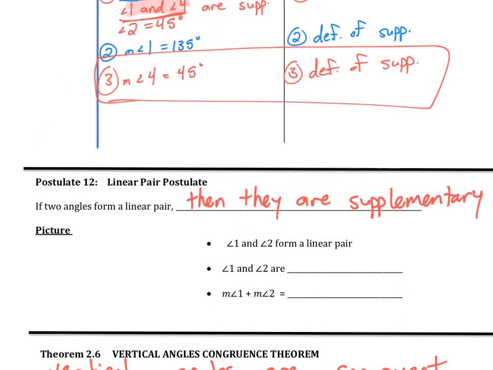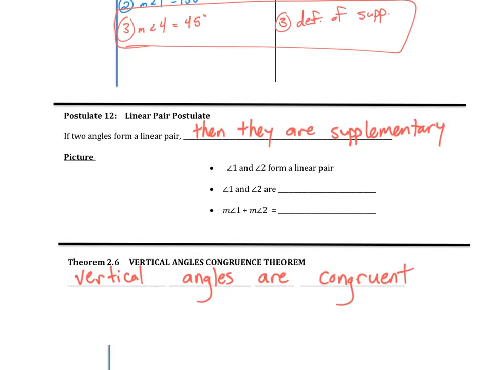As we slide down, we have a postulate. The linear pair postulate says that if two angles form a linear pair, then they are supplementary. So if we draw a picture, a linear pair will look like this. So draw this picture the best you can in this open space. And let's call this angle 1 and angle 2. So angle 1 and angle 2 are a linear pair.